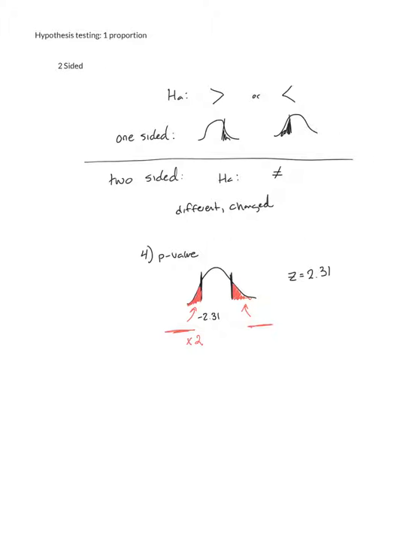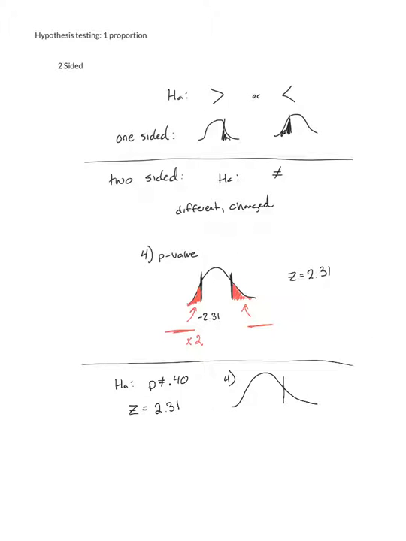Let's go ahead and look at an example here. Let's say that my alternative hypothesis was p is not equal to 0.40, and that I got a z-score of 2.31 like above. I'm going to go ahead and in step 4, I'll draw my bell curve. I put my z-score on there, once again, on the top half.